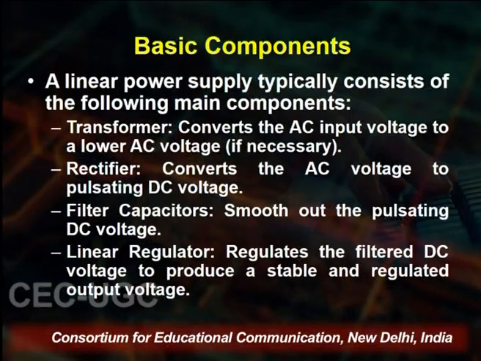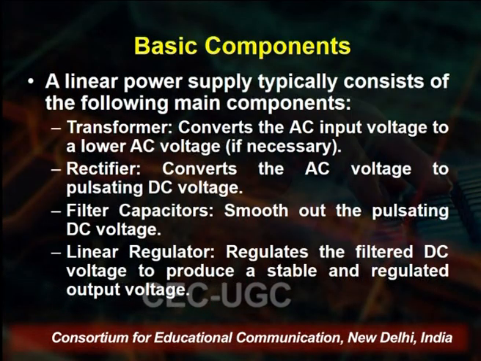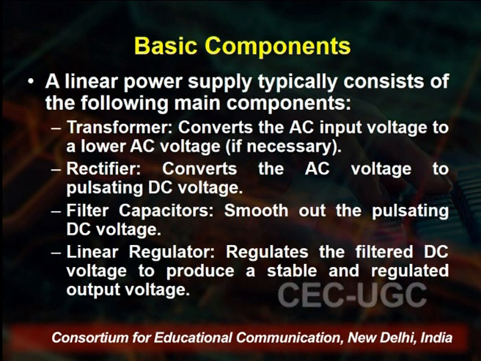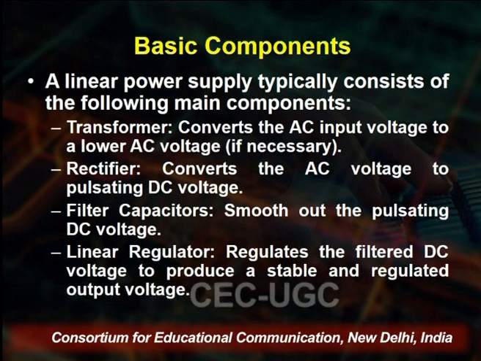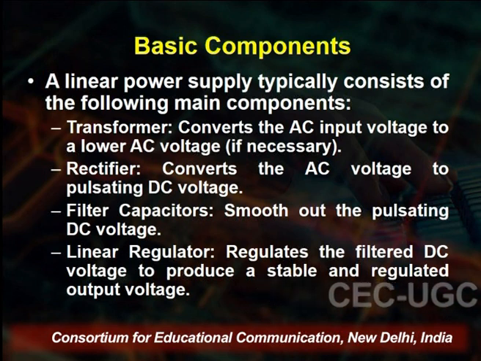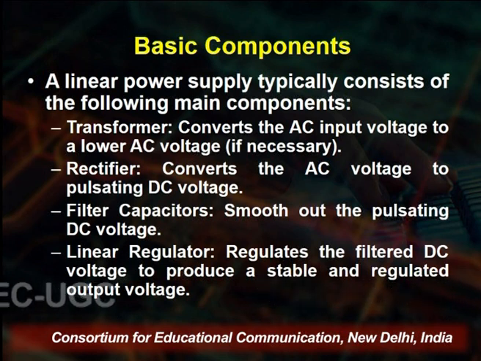It consists of the transformer, rectifier, filter capacitors and linear regulator. The transformer converts the AC input voltage to a lower AC voltage. The rectifier converts the AC voltage to a pulsating DC voltage.